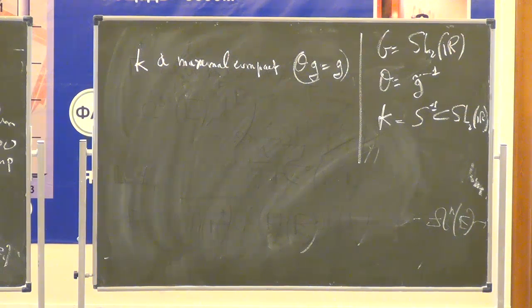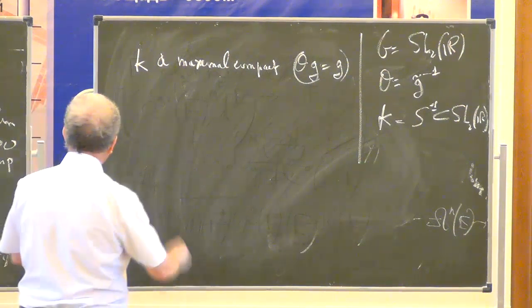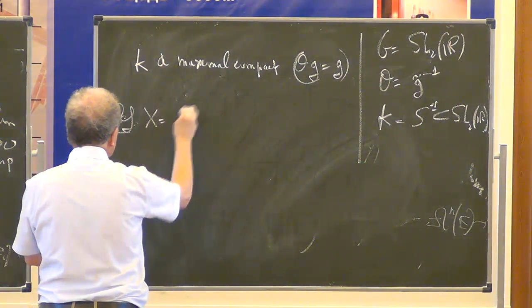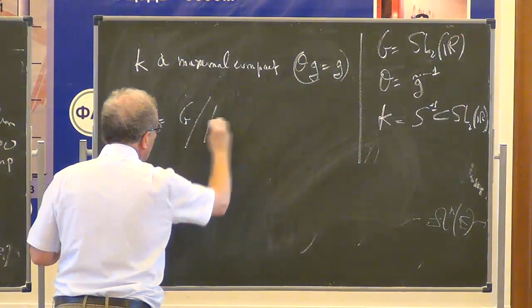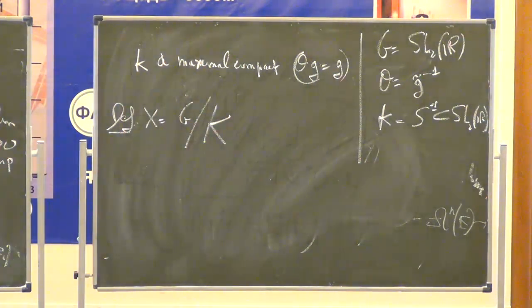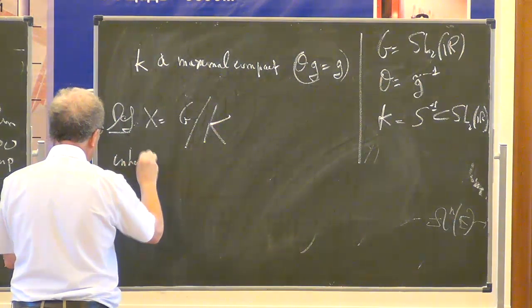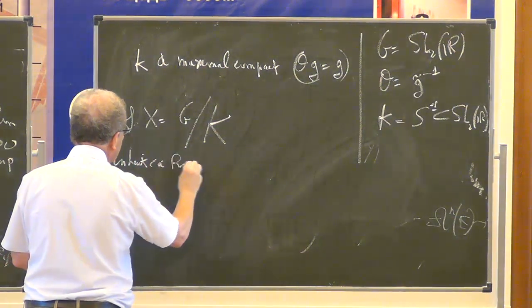So in general, K is a maximal compact subgroup, and I define the symmetric space X to be G over K. This inherits a Riemannian metric.